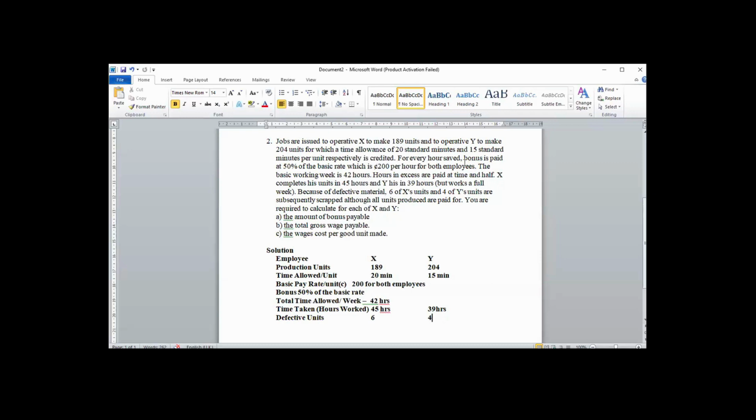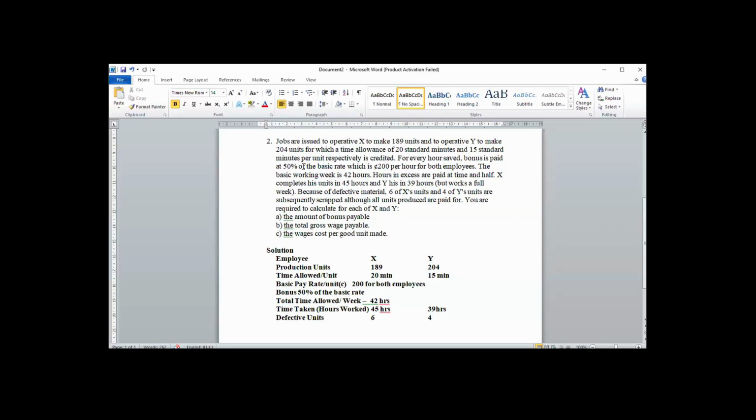If you look at this, they say bonus is paid at 50% of the basic rate. The basic rate here is 200 cedis per hour for both employees. This is the basic pay, 200. The bonus is on 50%.